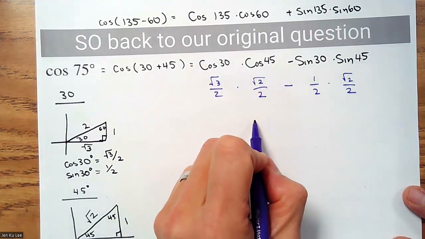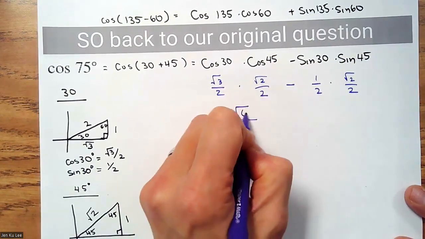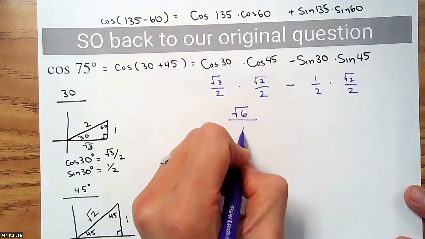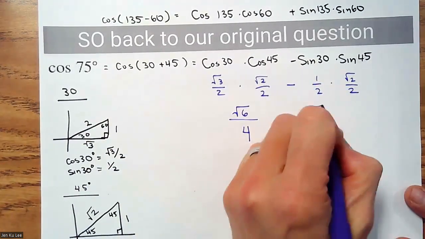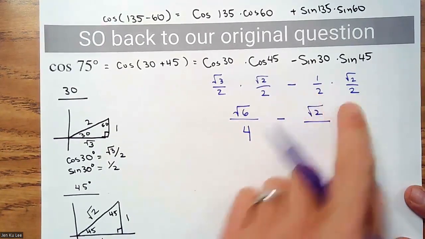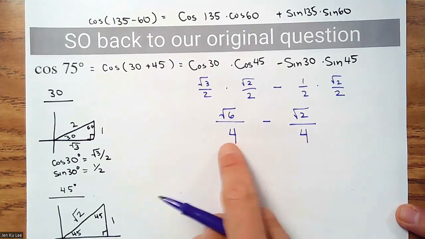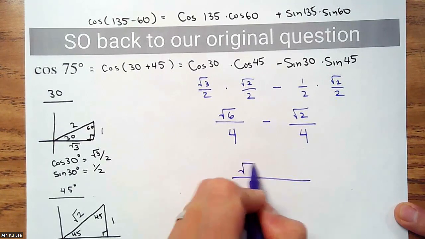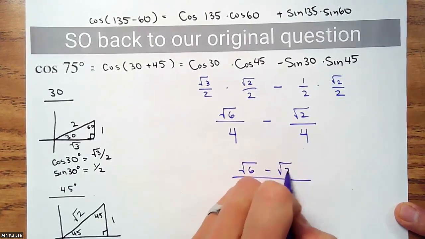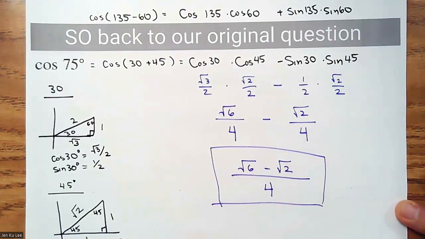Multiplying those two fractions, square root of 3 times square root of 2 is square root of 6. 2 times 2 is 4, minus 1 times square root of 2 is square root of 2. 2 times 2 is 4. Since I have the denominators of 4, we can put it together and go square root of 6 minus square root of 2 over 4.